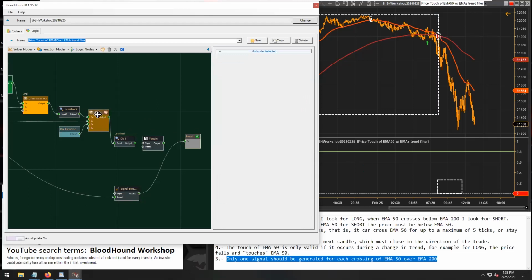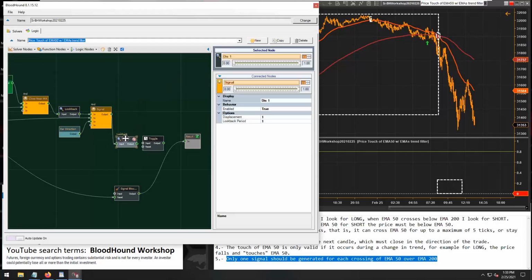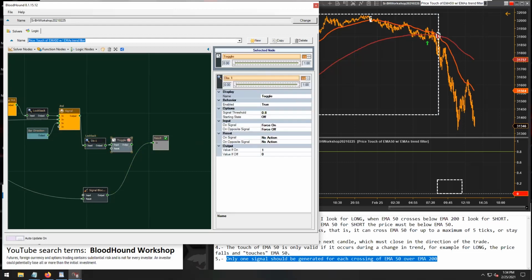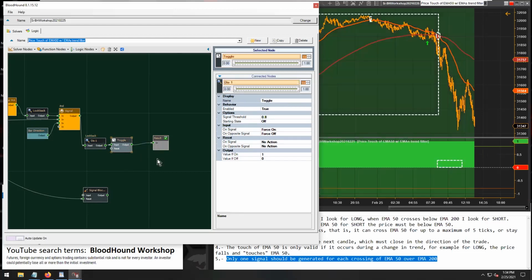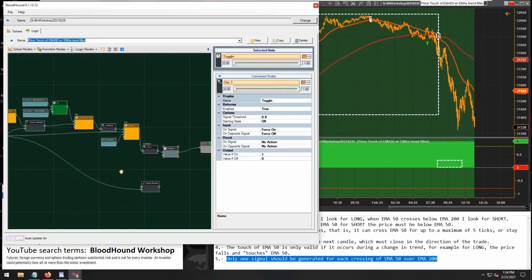So what I'm doing is I'm taking the signal and I'm shifting it forward onto the next bar, and then I do want a way to turn off that toggle node.